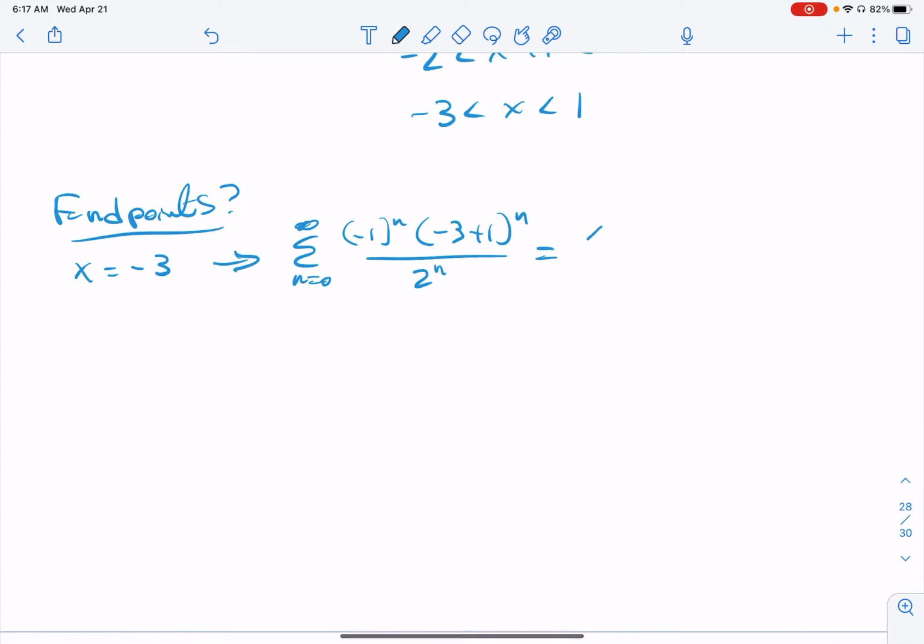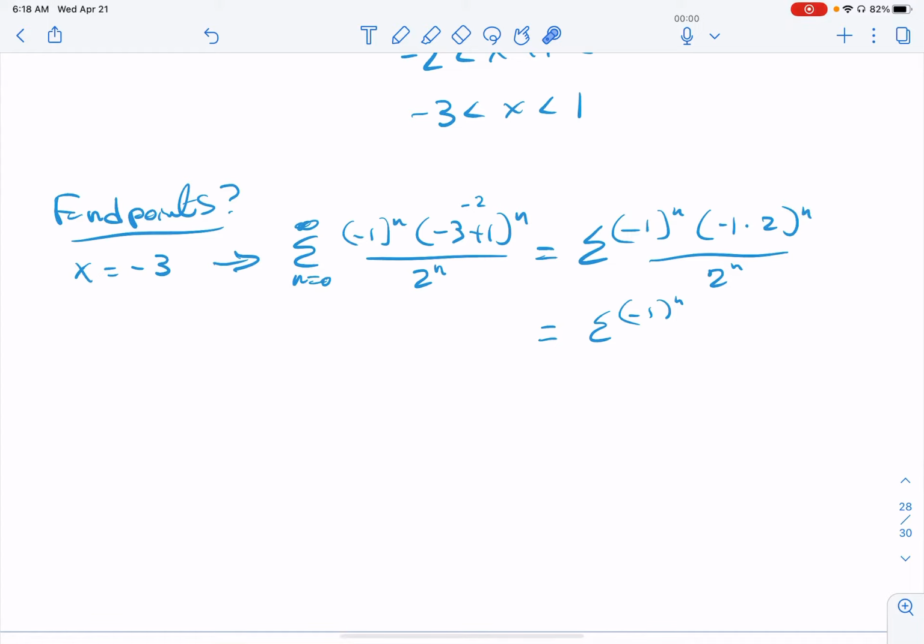Negative 1 to the nth, that stays. This becomes negative 2 to the nth power, but I can rewrite that as negative 1 times 2 to the nth power over 2 to the nth power. And then we can rewrite some more. Split this thing up as negative 1 to the nth and 2 to the nth power.